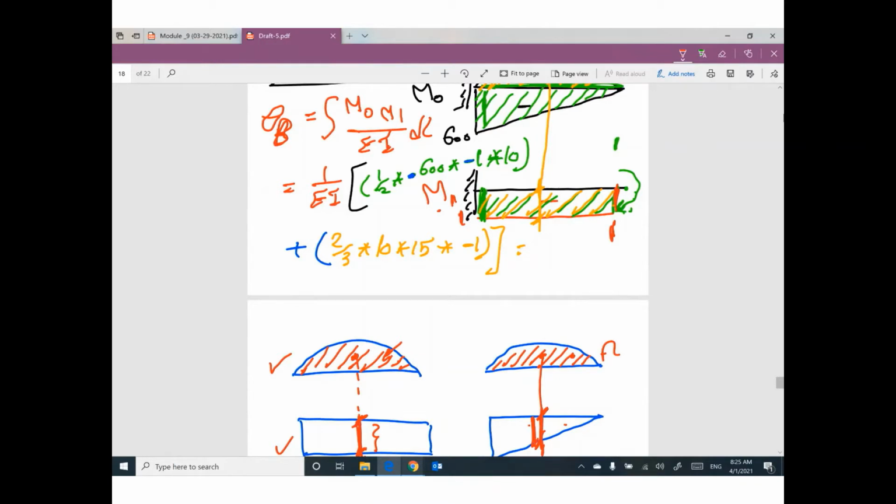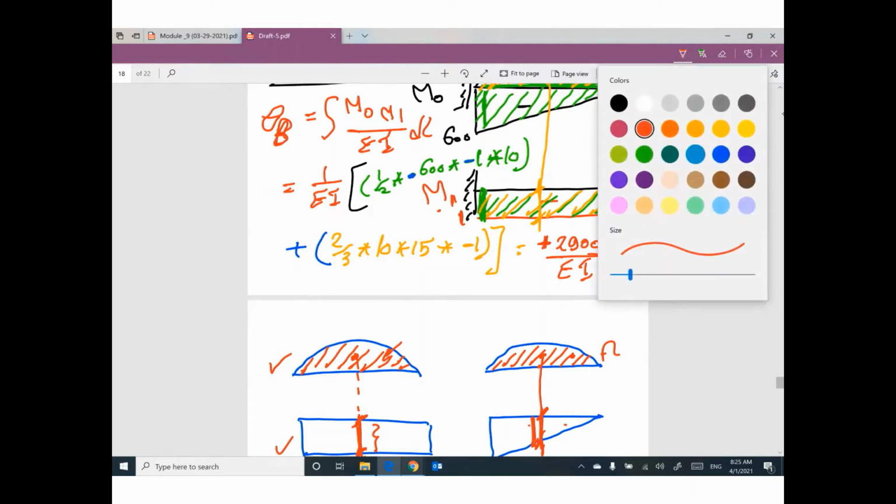Anyway, the value here will be 0.5 times 600 times 1 times 10 plus 2/3 times 10 times 15 times -1. We will have positive 2,900 divided by EI. My question is, what do you think?